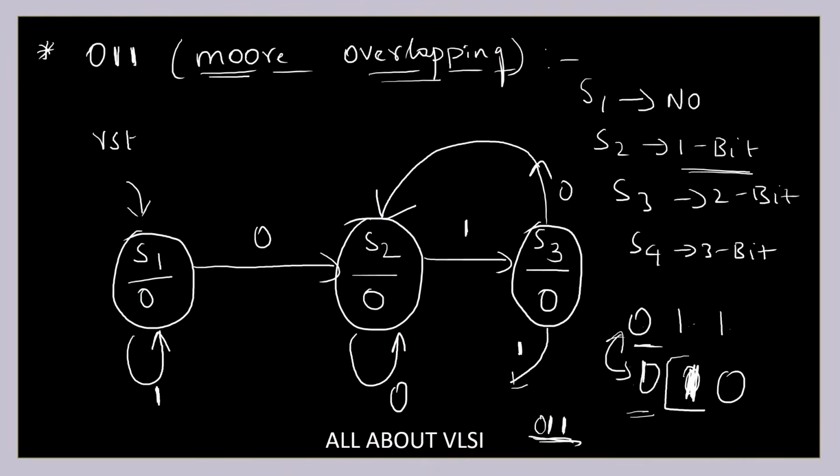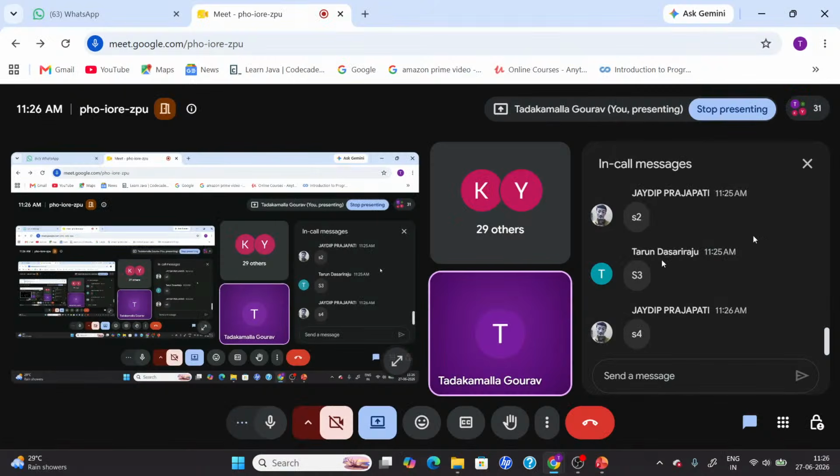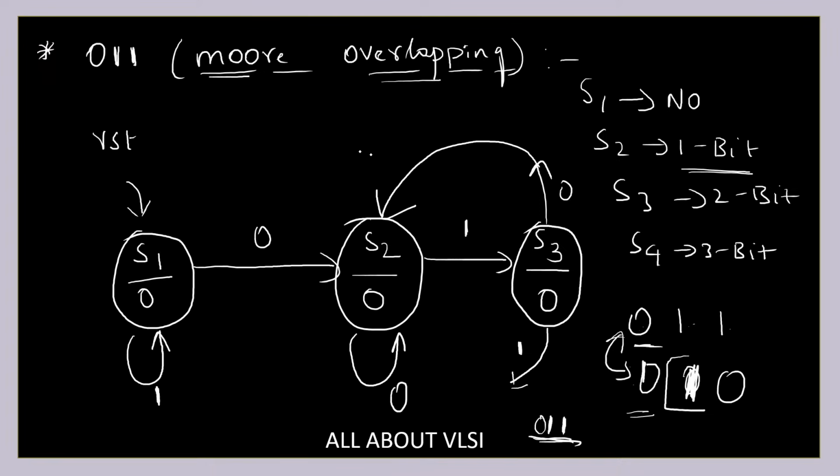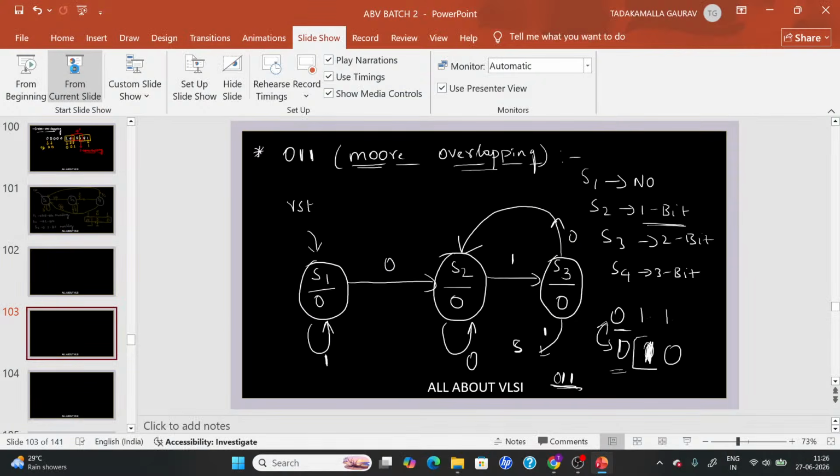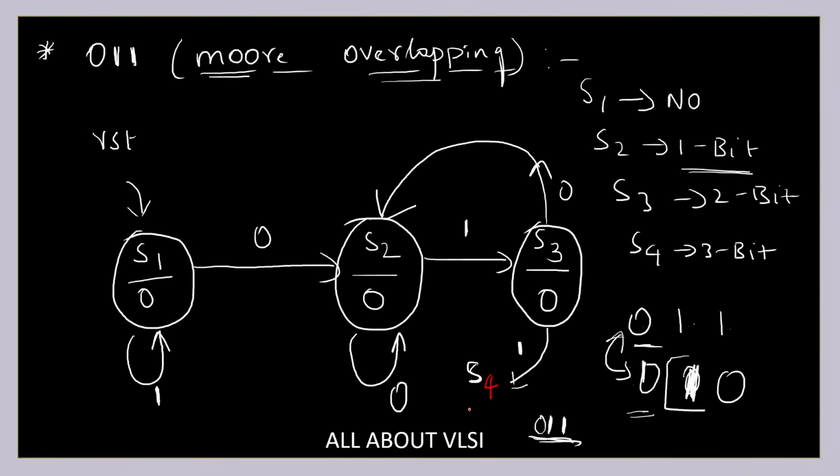My sequence is getting matched. 0, 1, 1 is being formed. S4 state. Exactly. In Moore FSM, I'm going to have one more extra state, S4 state, and my output will become 1 over here.